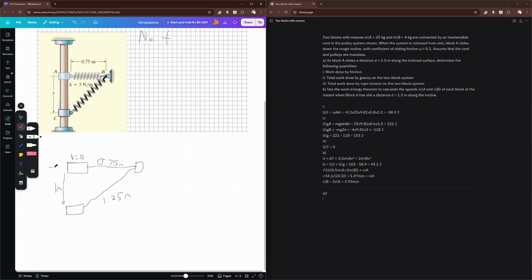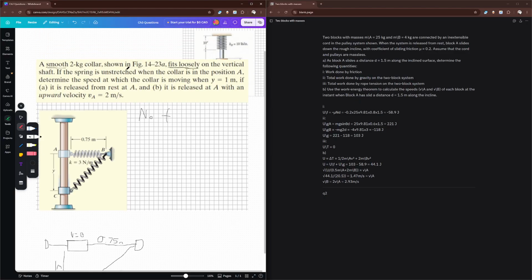Anyways, your datum is up here, right? And then to get this, you have y equals 0 up here, y equals 1 down here, right? Yeah, okay. So you get this because of something.